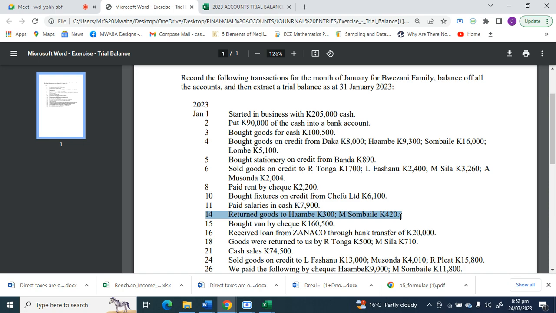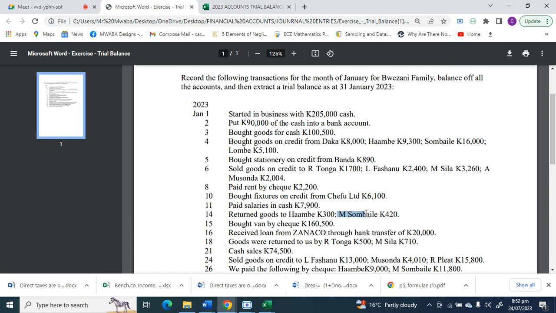Then since you return goods back to people who you're owing money, it means how much you're owing them is going down. So you are owing Hambe 9,300. You return goods worth 300. So you're now owing him 9,000. So remember, a reduction in a liability, you debit. So you're going to debit Hambe 300. Then you credit return outwards 300.